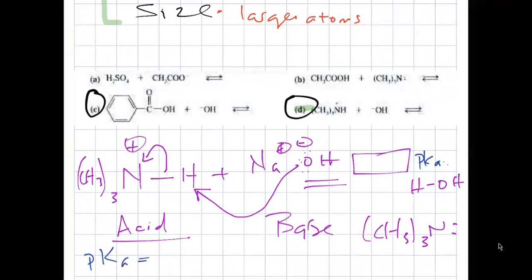It's 17, right? Either Amaria or Christina, is that right? Kristen, yeah. One of y'all give me the pKa for that ammonium, the trimethyl ammonium.